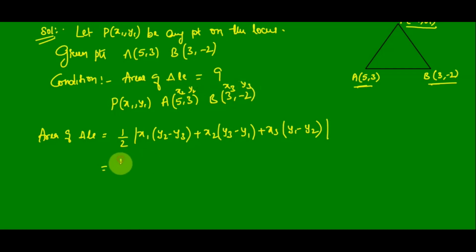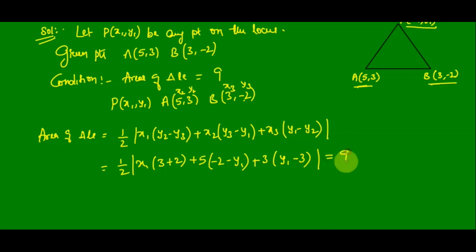Now we'll substitute here. Half, x1 is x1 only, then y2 is 3 minus of minus, that is plus 2, right? Then x2 is 5 into y3 which is minus 2 minus y1, plus x3 is 3 into y1 minus y2 which is 3 here, right?